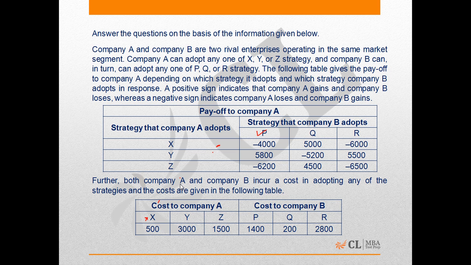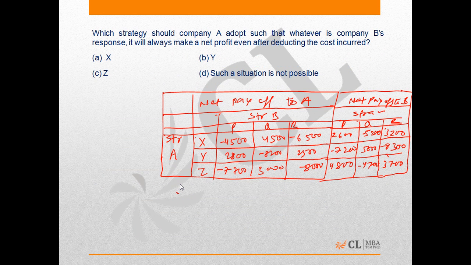So the net payoff for Company A when it adopts strategy X and is responded to by B with strategy P is minus 4,500.